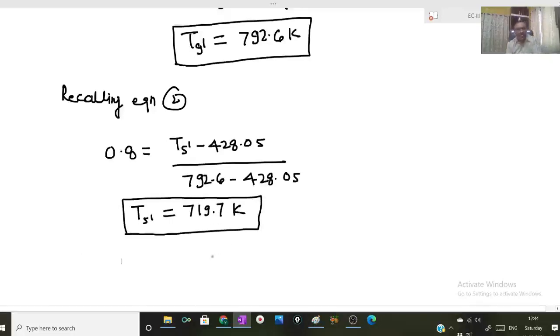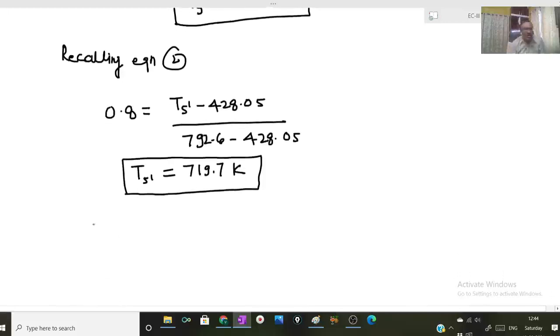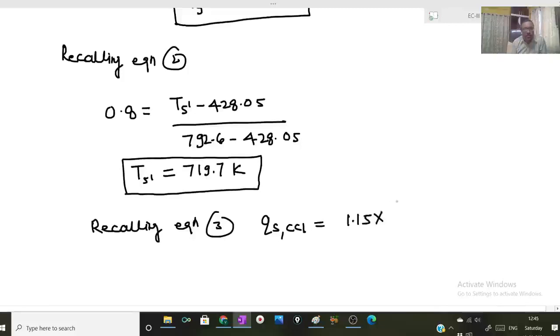And after calculating T5 dash, now recalling equation 3, will help me to calculate heat supplied in the combustion chamber 1. So this will be 1.15 into T6, that is 898, minus 1.005 into T5 dash, that is 719.7.